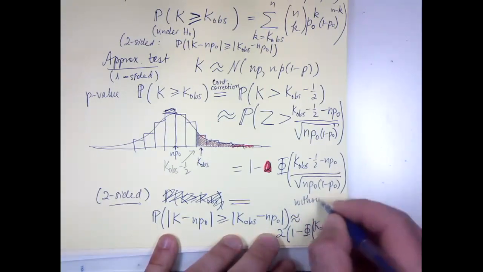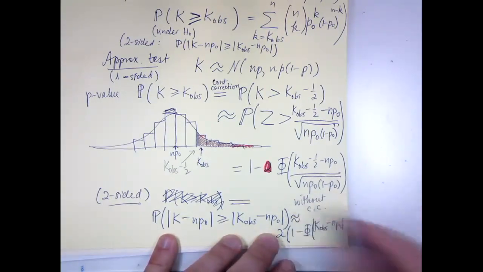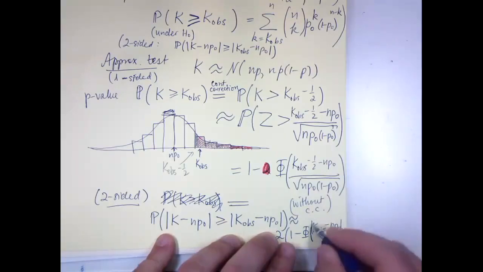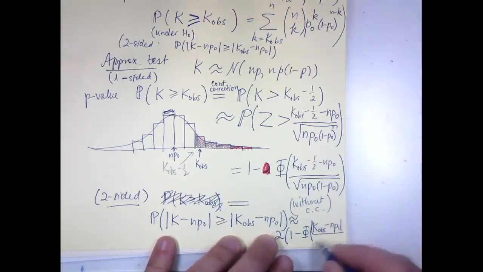That is without the continuity correction. And once again, I'm not going to object if you don't do the continuity correction. It can make it simpler in this case. Okay, so that would be your p-value.